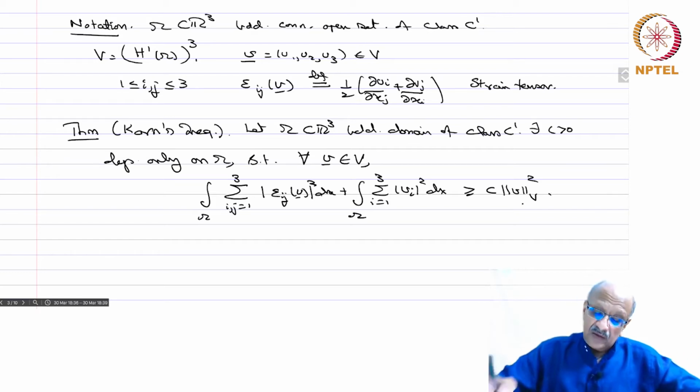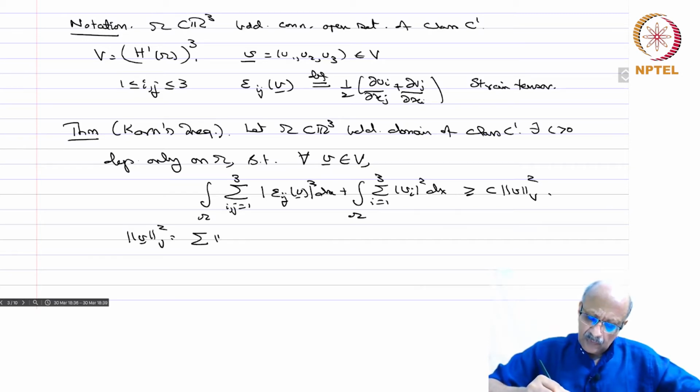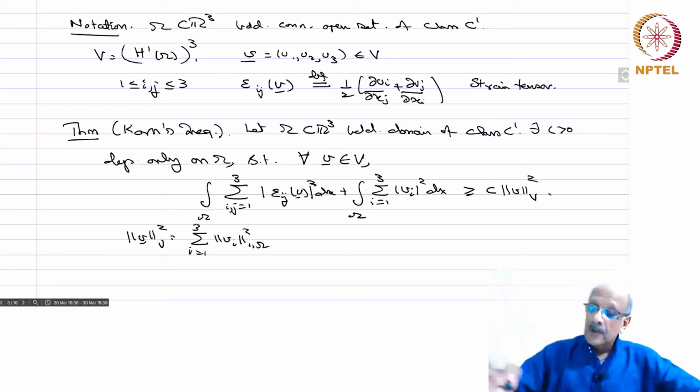Norm v is nothing but the sum of norm vi squared in H1 of Omega. This is the usual product norm which we have.